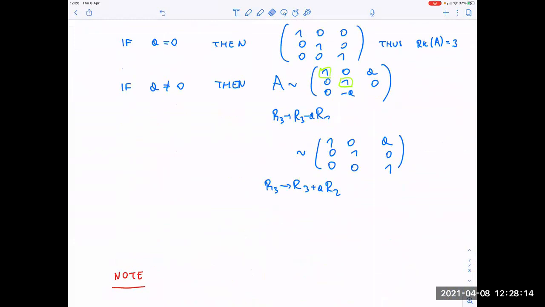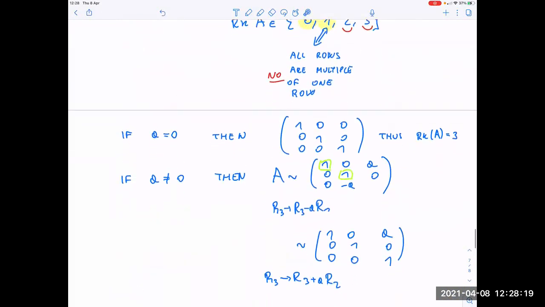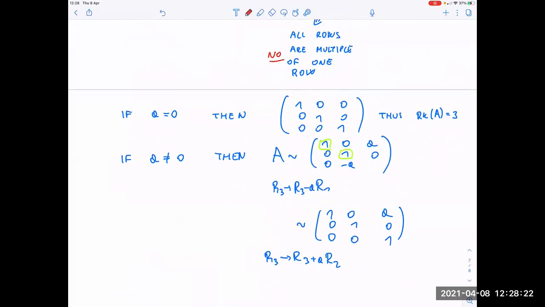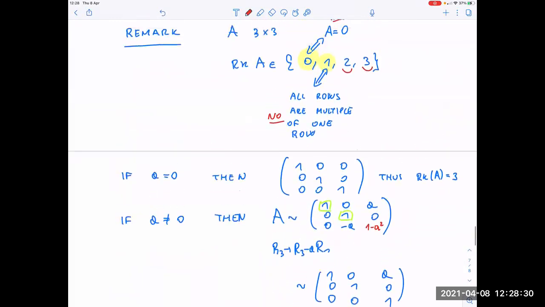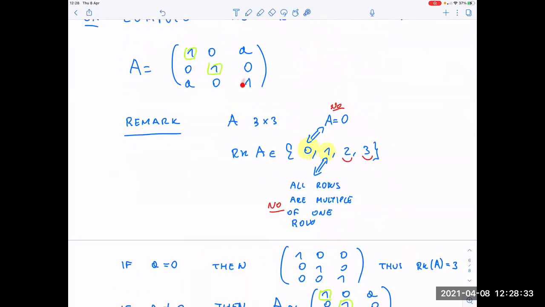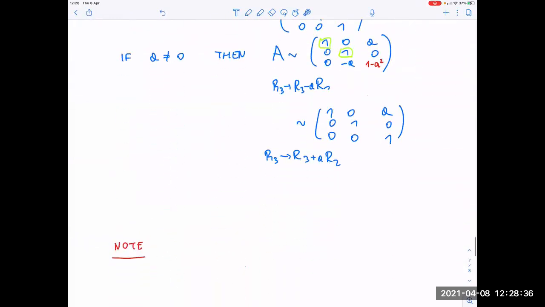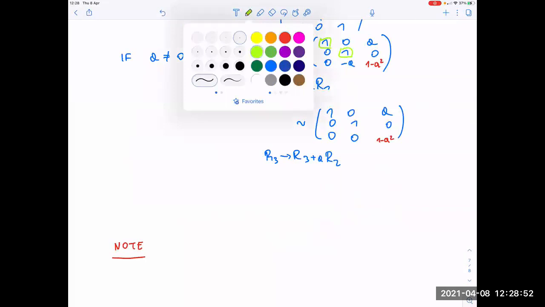Because you see, the number you get here is the number 1 minus A square, because we change row 3 into row 3 minus row 1. So there is this number 1 minus A square. So we have to amend my mistake also here. Now I multiply by A and I sum, and what we get is 1 minus A square. Okay, sorry. Thank you for noticing this.